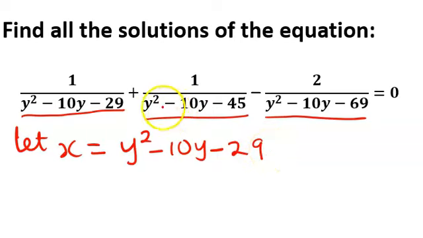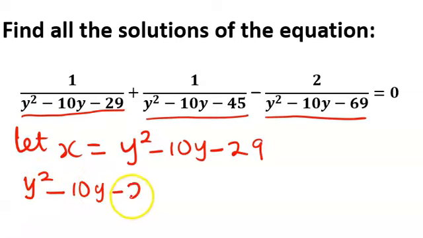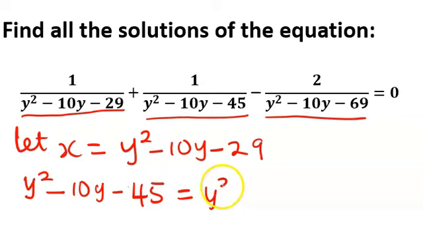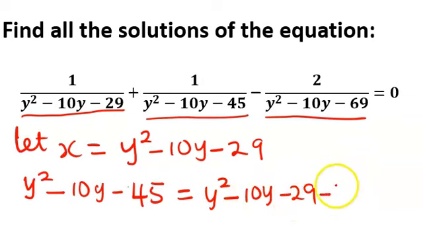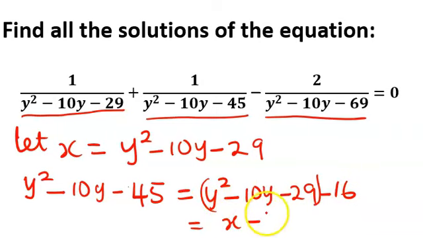Now, if that is the case, then y squared minus 10y minus 45 is the same as, you can write it as, y squared minus 10y minus 29 minus 16. And this one will be x minus 16.